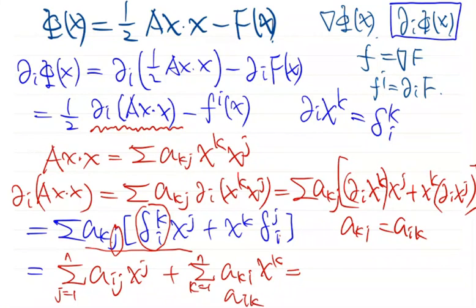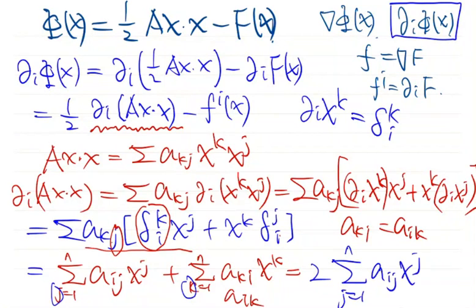The difference is the summation index: here it is j, but here it is k. Otherwise, they are the same. In the second summation, you can replace the summation index k by another letter j. This will not change the sum. Therefore, this is twice the sum over j from 1 to n of a_ij x_j. So this is the derivative with respect to x_i of Ax·x.